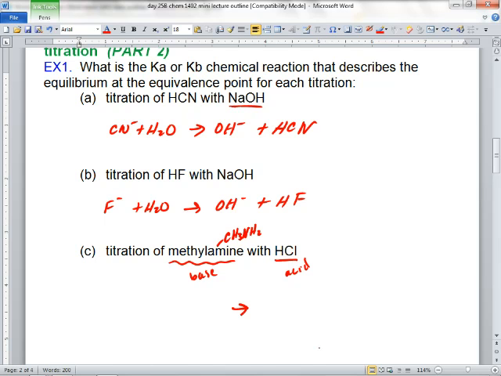Conventionally, the organic people are going to like you to put that H on the amine. That's really where it goes. If you put the H out front, HCH3NH, that's fine, I don't care, but technically it goes on the amine. So we might as well put it there: CH3NH3, and don't forget to put a plus. Ka reactions are the conjugate acid goes to H plus and the conjugate base. So I'll have H plus and what, everybody? Yeah, back to where we were.